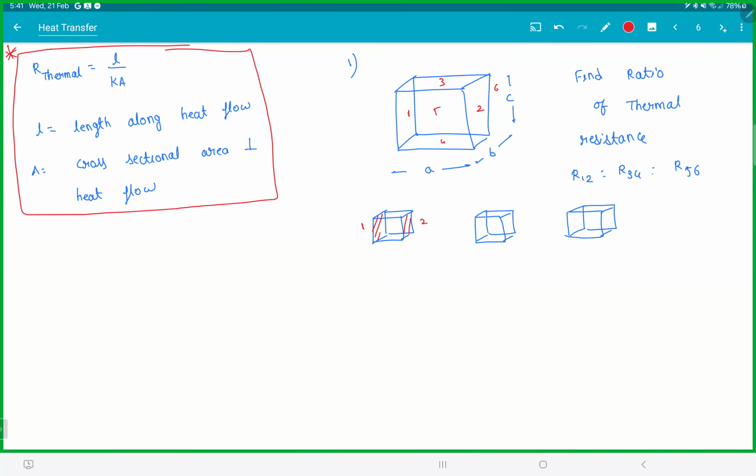In the second case, the upper surface and the lower surface are having a temperature difference. Means in this case, heat is flowing from left to right. Here, heat is flowing from up to bottom. And here, temperature is given between the front face and the back face. The heat is flowing like this. You're getting it? So depending on which two surfaces you keep, heat flow will be different. Now, can you find the ratio of resistance?